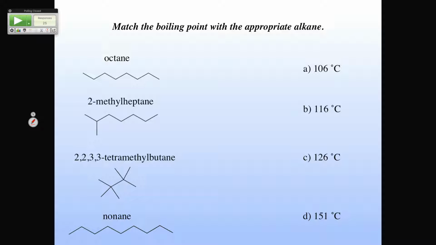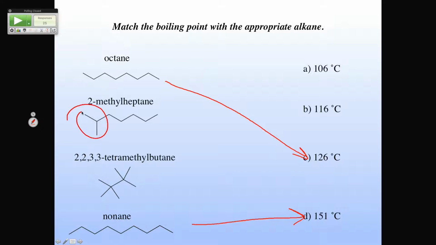Why did you pick nonane to be higher than octane? Yep. So this one is D, and you're picking this one to be C. I guess I could have just written the letters. Now what about these two? 2-methylpentane, you want that one to be B because it has a little branch, and then it's got this long chain part.